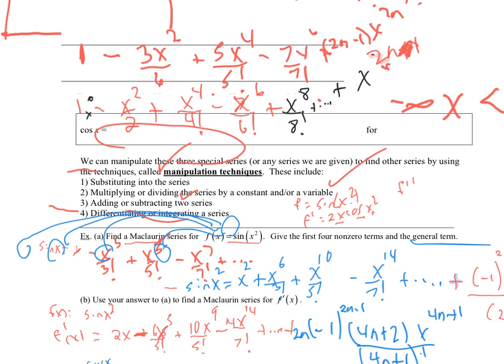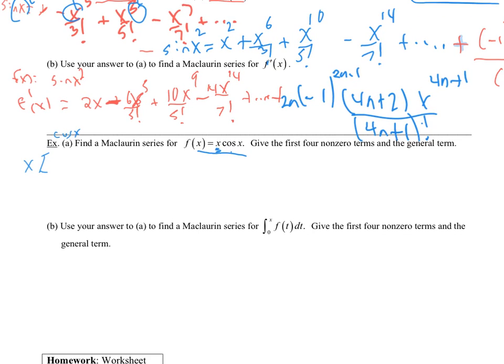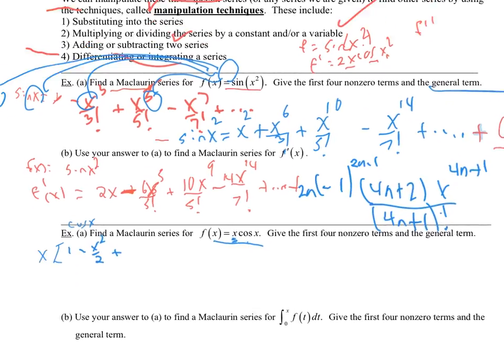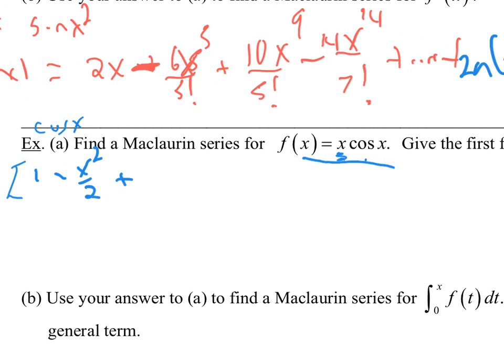It was our derivation of cosine, if you recall. 1 minus x squared over 2 factorial plus x to the 4th over 4 factorial minus x to the 6th over 6 factorial, all the way to minus 1.